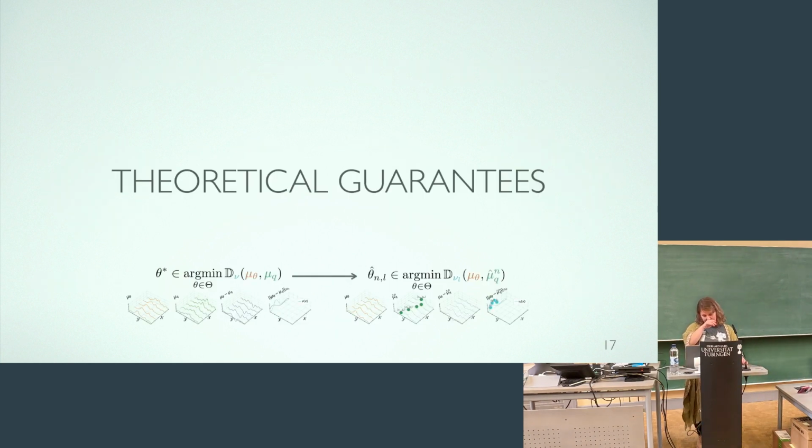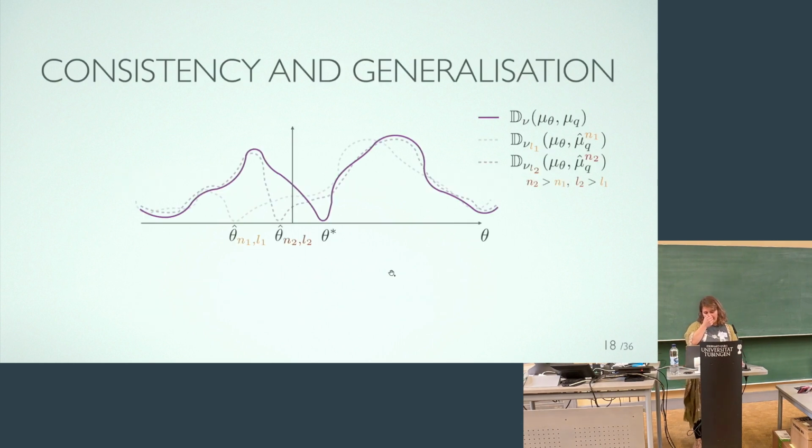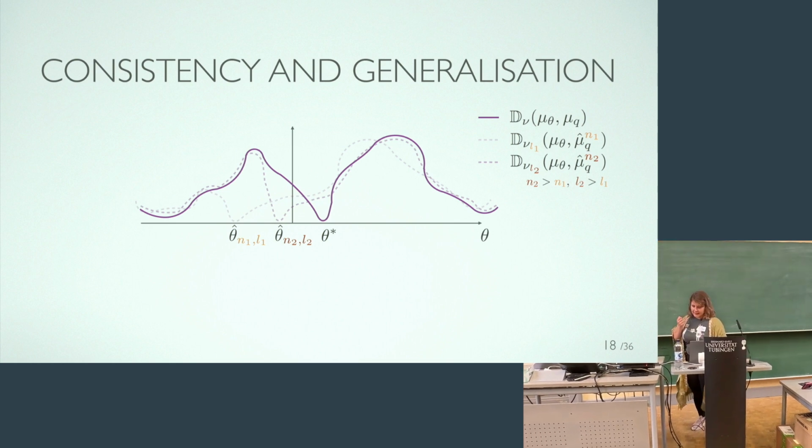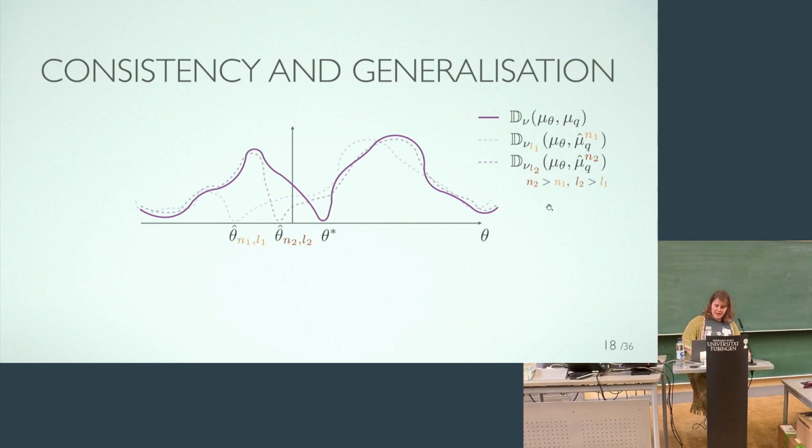Okay, so let's see what happens when we replace the true objective with an estimated one, and the true optimal theta star with an estimated theta hat n comma L. There are a couple of properties that we would like this approximated estimator to have. First one is consistency, and this is a little illustration of what consistency means. Let's say this purple line is the value of the true objective over different thetas, and it's minimized at theta star.